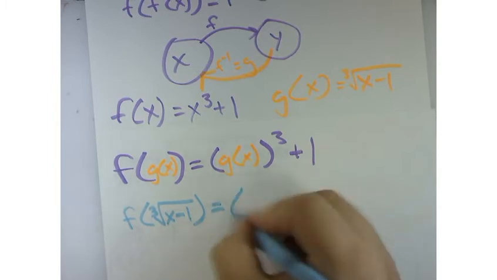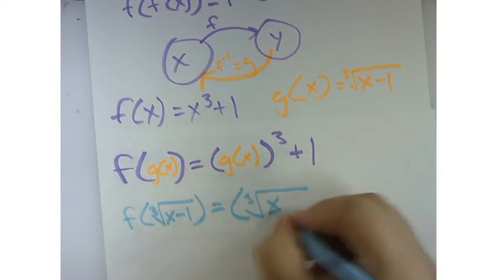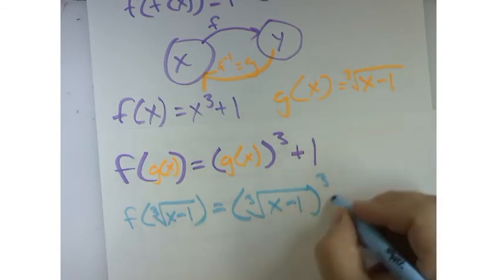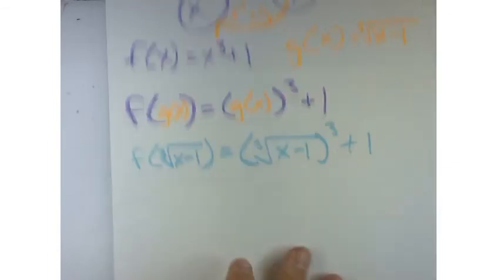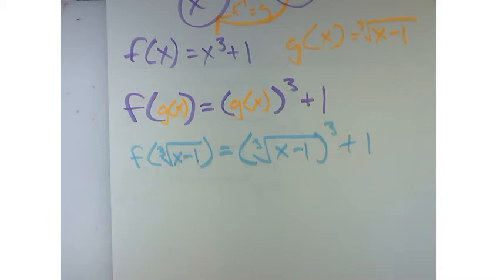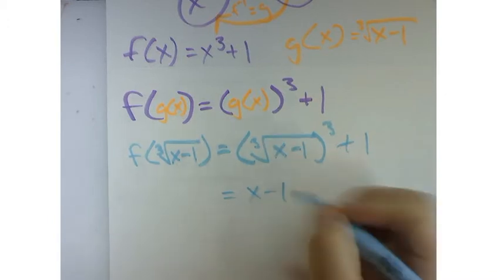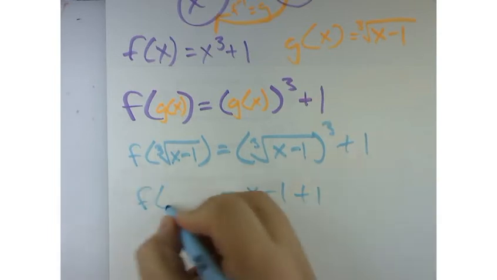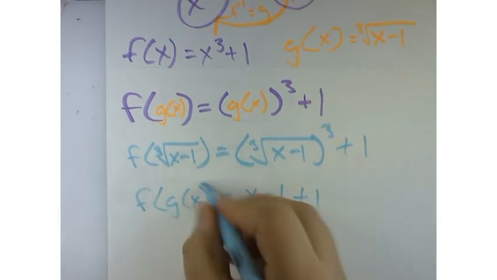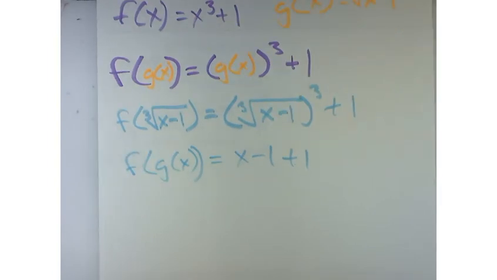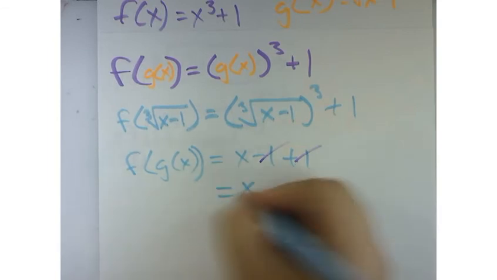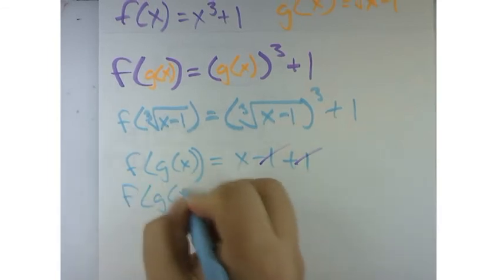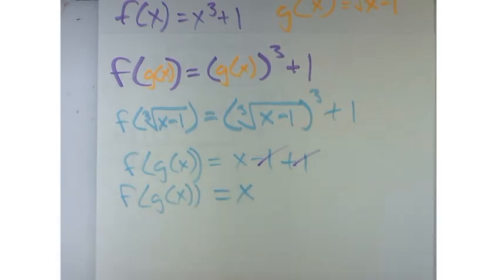So I'm going to take the cube root of x minus 1 and cube it and then add 1 to it. Now when you cube a cube root, what do they do? They cancel each other out. So in the next line I've got x minus 1 plus 1. So f of g of x is equal to x minus 1 plus 1. What happens with my 1's? Cancel, and what am I left with? x.